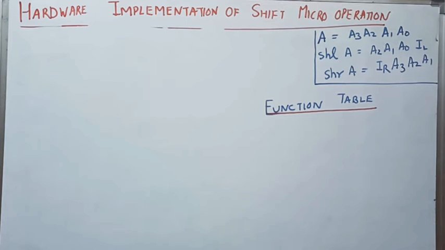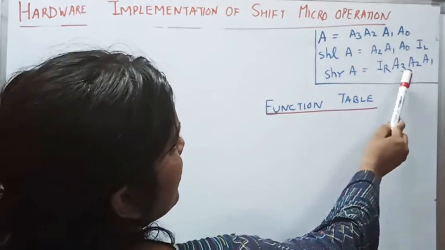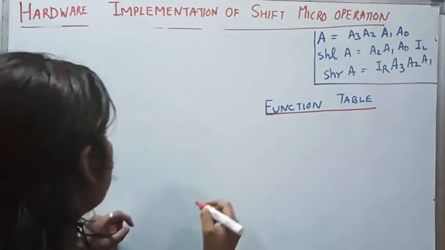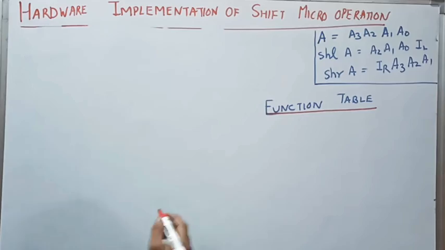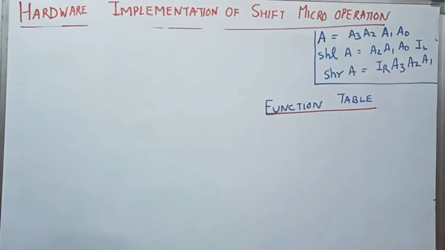Now we can check the shift left and shift right operations. The shift left operation is treated as IL of A0, A1, A2, and shift right as IR, A3, A2 and A1. So I can create a function table for this, with a selection line, because two operations are going on, shift left and shift right.